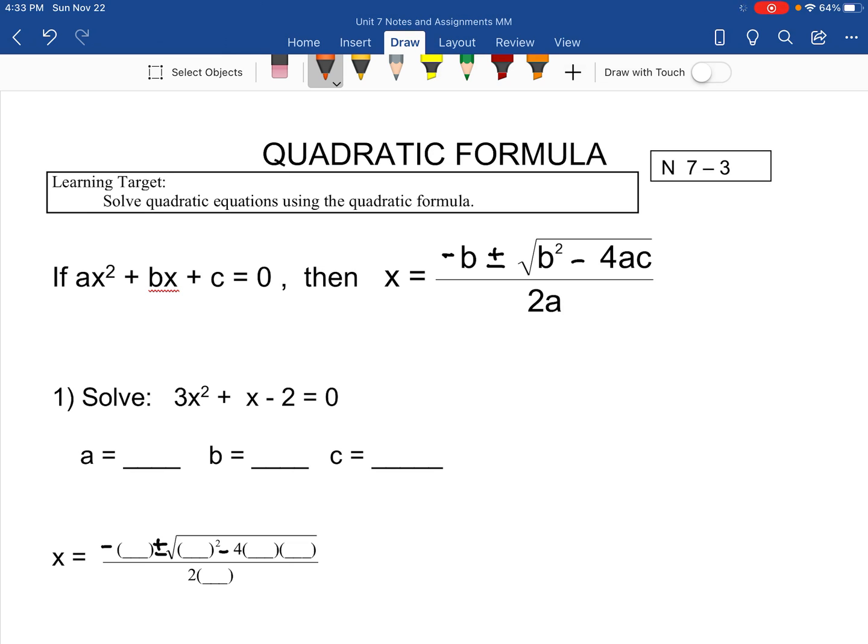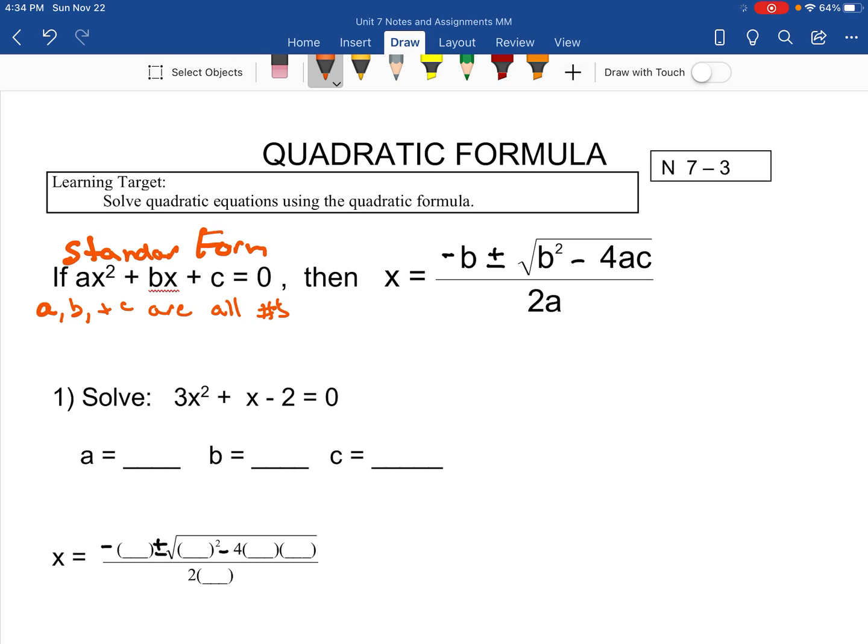Standard form, that's the form you see here: ax squared plus bx plus c equals 0, where a, b, and c are all numbers. a is always the number in front of x squared. b is always the number in front of x. c is a number that doesn't have a variable attached to it. And all of those terms need to be on one side, set equal to 0.